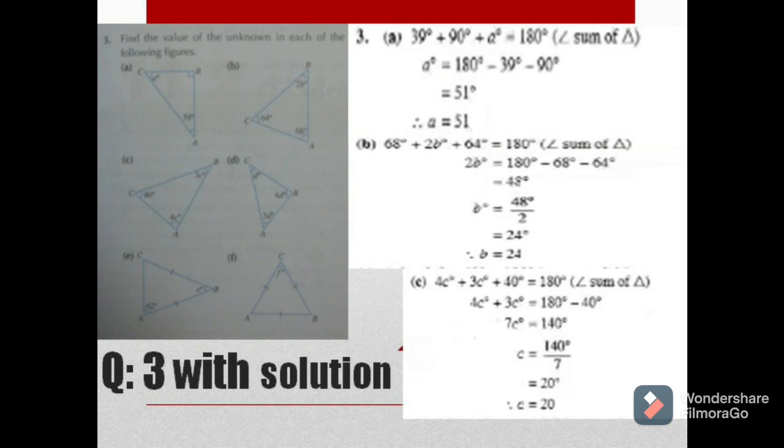On this side, the 7 was multiplying with C, so after it is shifted, it will be divided. So 140 divided by 7, I got the answer as 20 degrees. I found the value of C as 20 degrees, and after that we could find the angles, but they only told us to find the unknown in each of the following, so we'll leave it here.